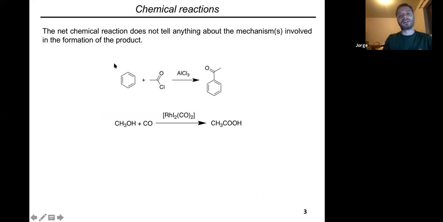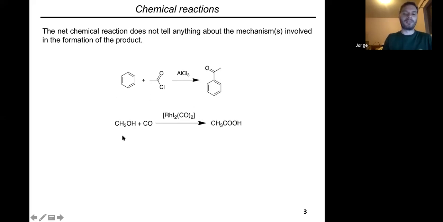The first one comes from organic chemistry. If you remember, this is a Friedel-Crafts acylation. We have here an acyl chloride and benzene, and this reaction needs aluminum chloride as a catalyst, and then you couple this acetyl group to the benzene.